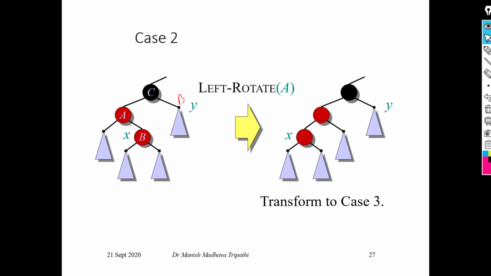So it will simply convert case number 2 into case number 3. So A will now become the left child and B the parent. So the situation will be like this. It will be transformed into case number 3 only. Nothing else will happen. The new X will be shifted to its parent because it is now the left child.